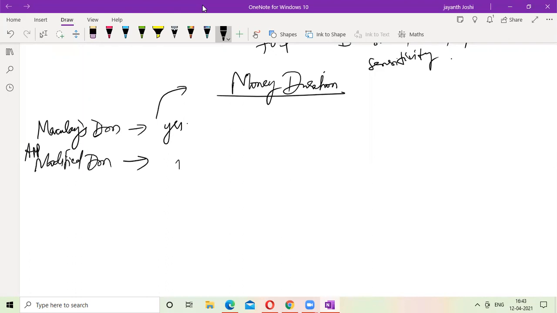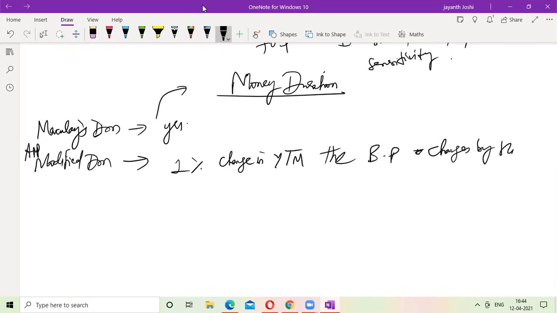That said, if there is a 1% change in yield to maturity, the bond price changes by how much percent? So that was measured in terms of percentage.